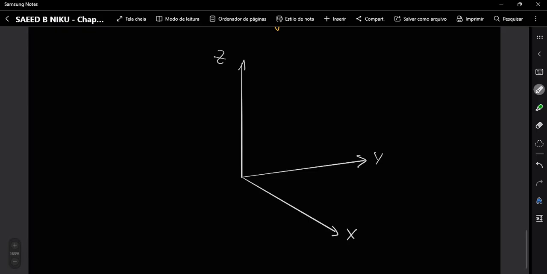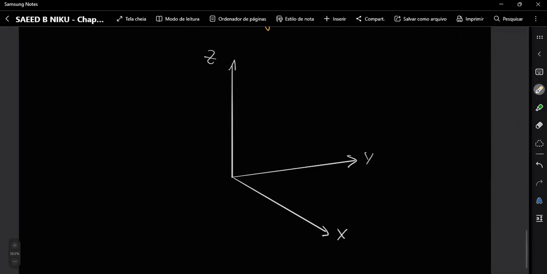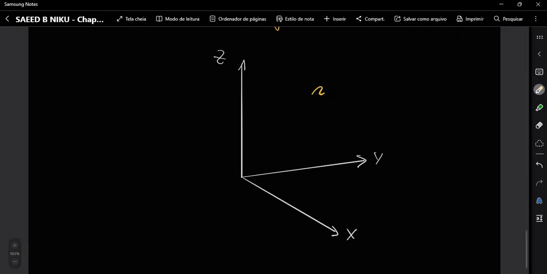And also the NOA coordinate system, which is more a reference system than a coordinate system, the way that it's used. NOA, A, O, and N.